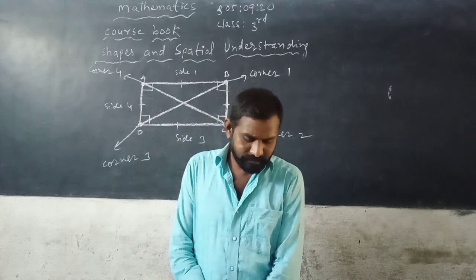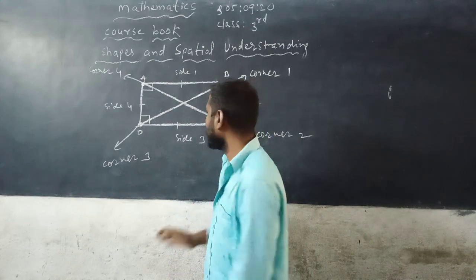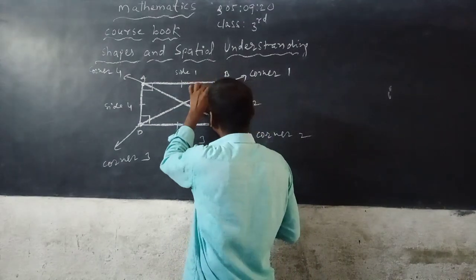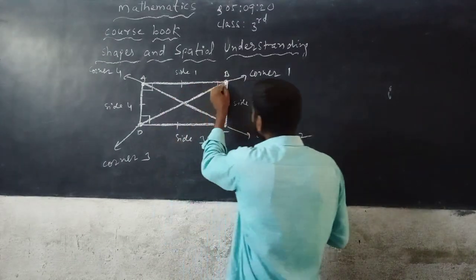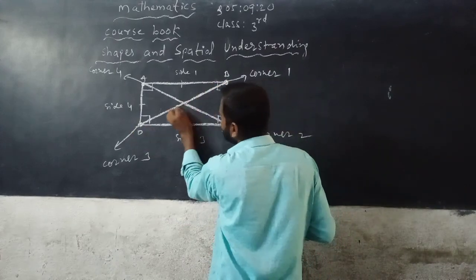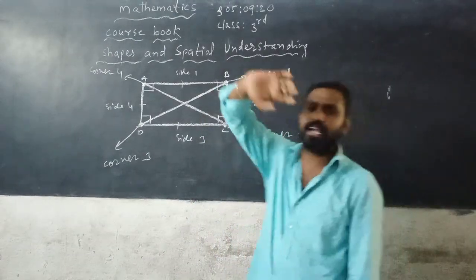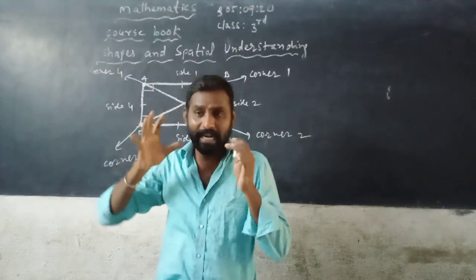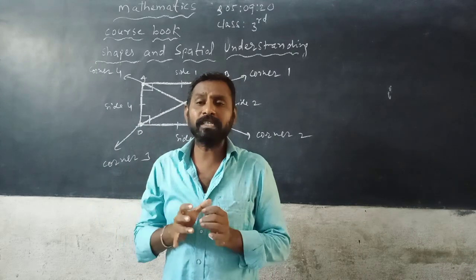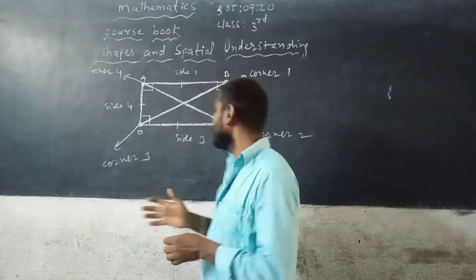The diagonal is the line which connects the opposite corners. Corner B is opposite to corner D, so you can join B to D. Draw a line and you can get a diagonal. Join the opposite corners and you get a diagonal.